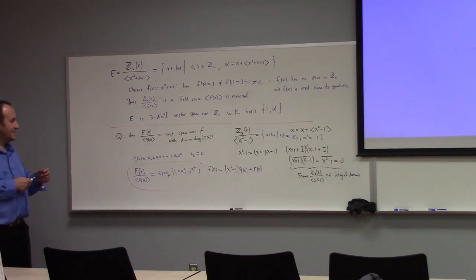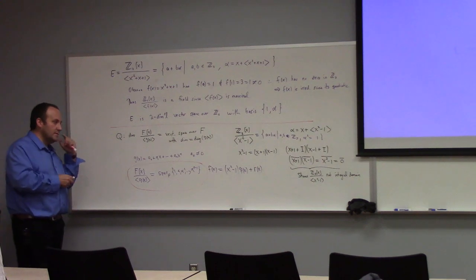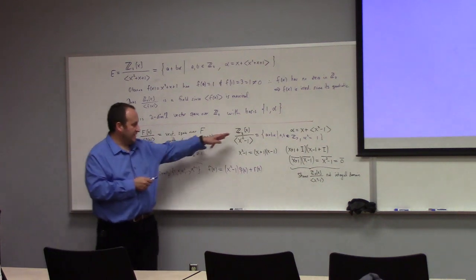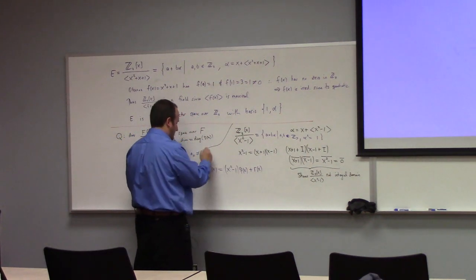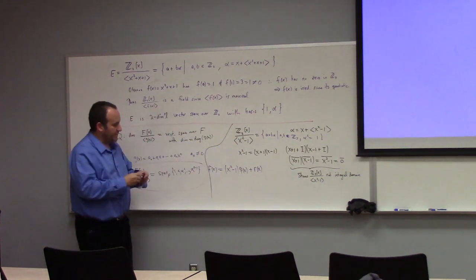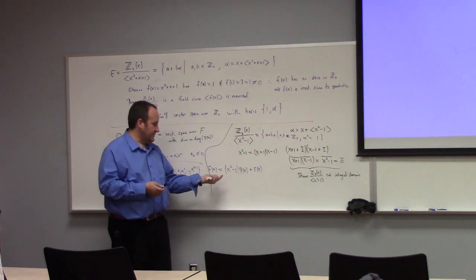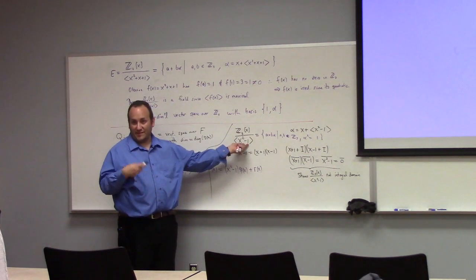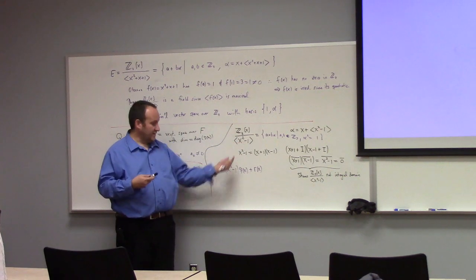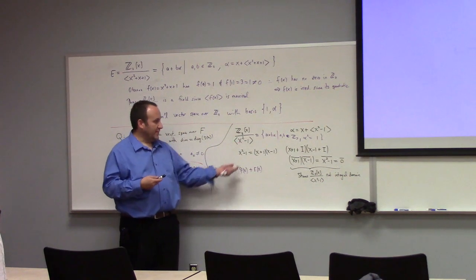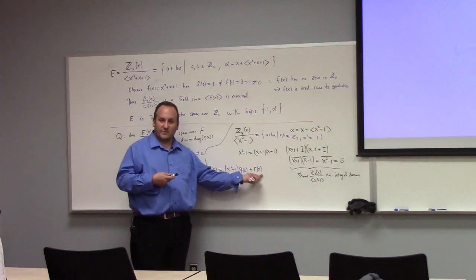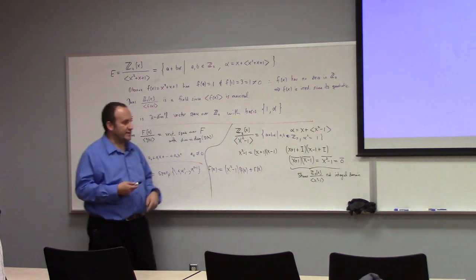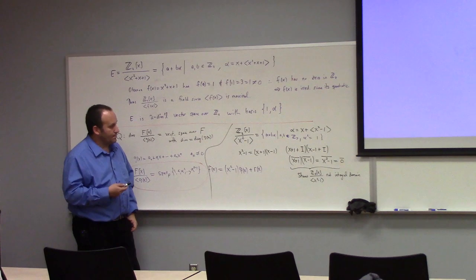This is a side comment for this example: even though x squared minus 1 is not irreducible, because it has zeros 1 and minus 1, you can still use the division algorithm to reduce any representative in this quotient ring to a linear one. So you have things of the form a plus b alpha, where alpha is x plus the ideal generated by x squared minus 1.